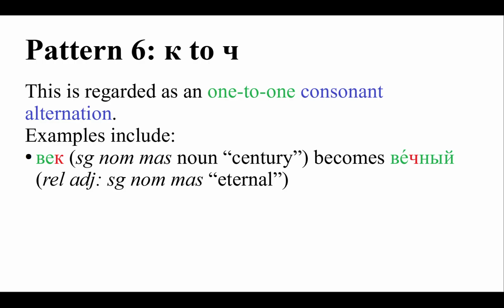You don't need to remember all of it for now. We'll be discussing it later, but you just need to realize that there is such a thing in Russian called a relative adjective. So век means century, and вечный means eternal, which is relatable because a century is a really long period of time, 100 years. It could almost stand for eternal.